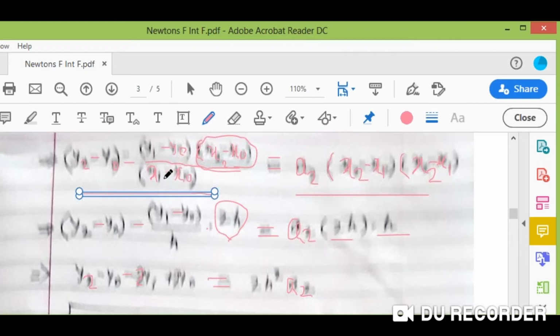Okay, and this is x1 minus x0. Here is a2, and x2 minus x1 is h.